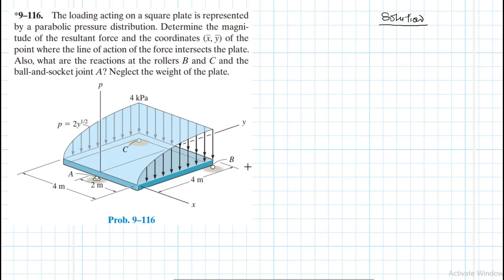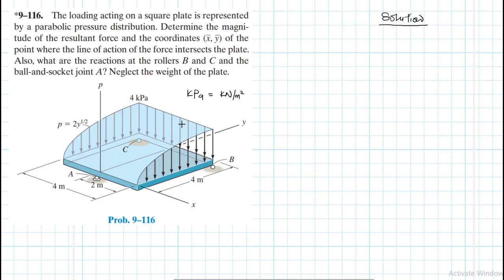We have a plate that is subjected to a parabolic pressure distribution, and the units for this pressure is kilopascals, and this is also equal to kilonewtons per square meter. That is also what kilopascals means.